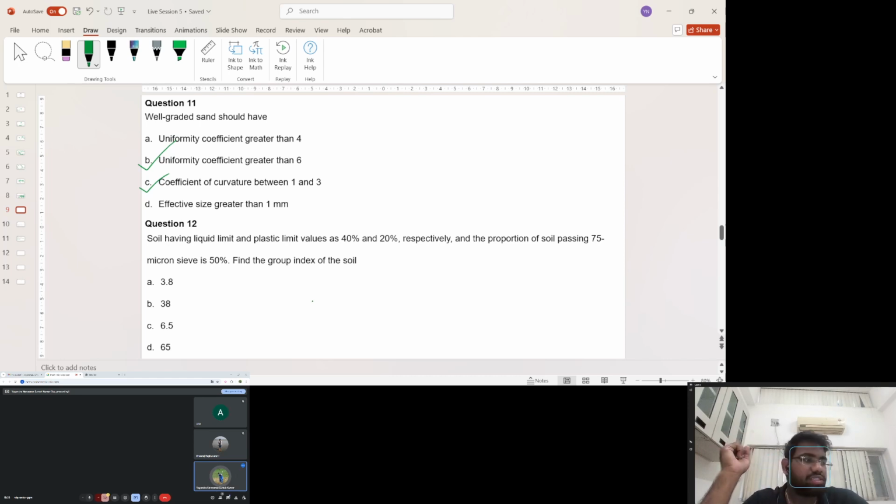So group index is ideally used in classifying geomaterials for pavement purposes. I will just write the relation for group index. Group index is mostly an empirical relation.